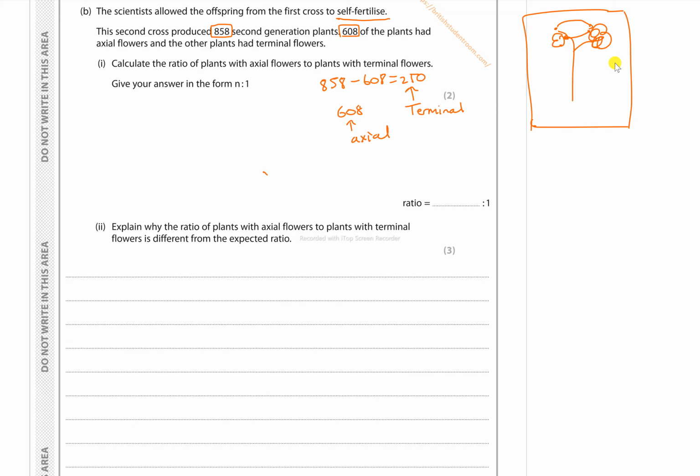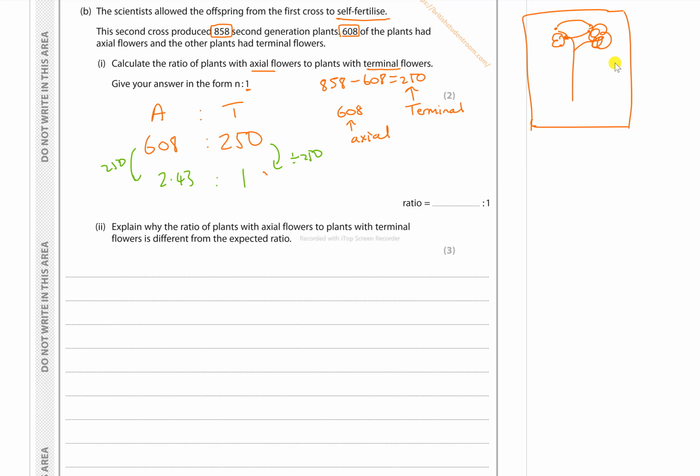So they want the ratio of axial to terminal, and they want it in the ratio of 1. Because they want that 1, we're going to divide this by itself, and we divide this by 250 as well. So we end up with 2.43.